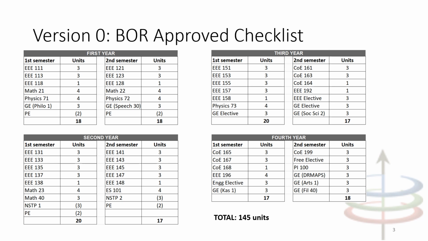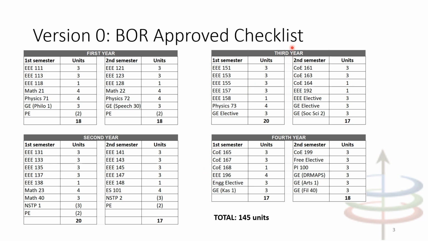So when we welcomed you to EEEI, when you entered UP, you were given this BOR approved checklist. It is an 8-semester program with an average of 18 units per semester and a total of 145 units. Please note that for the rest of this presentation, what will be presented would be the checklist for the BS EE.